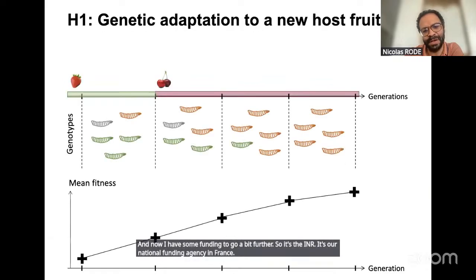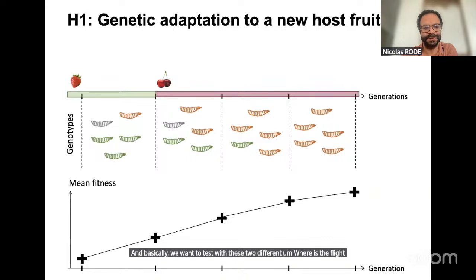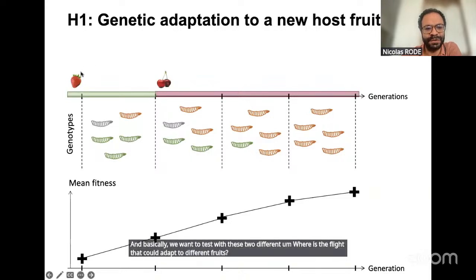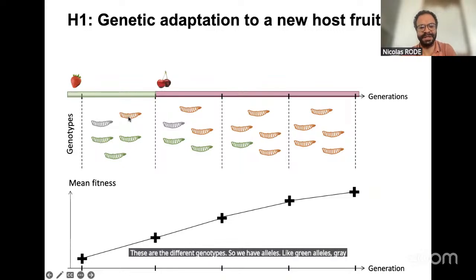And basically we want to test with these two different ways the flies could adapt to different fruits. So say, for example, that we have a switch from strawberry to cherry. These are the different genotypes. So we have alleles, like green alleles, gray alleles, or orange alleles.